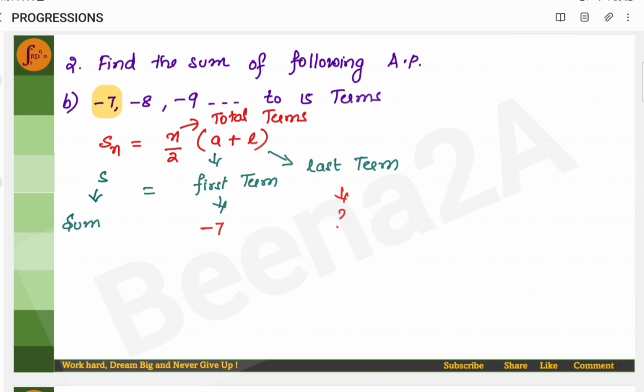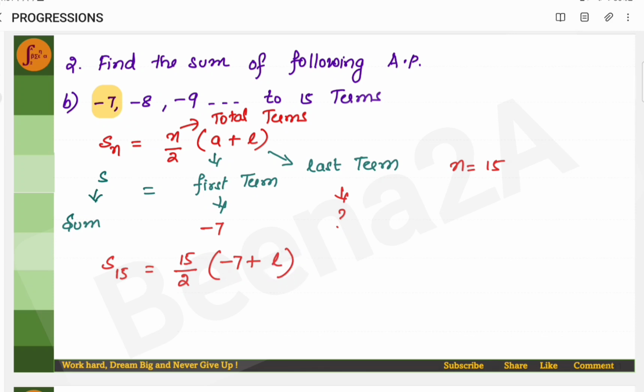N is 15. So it is S15. S15 is equal to 15 by 2, a is minus 7 plus L.